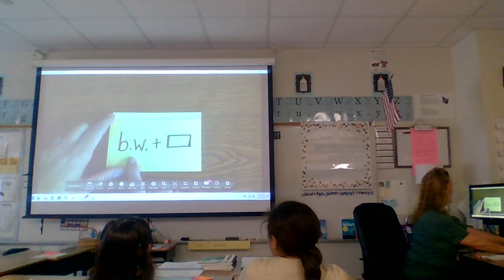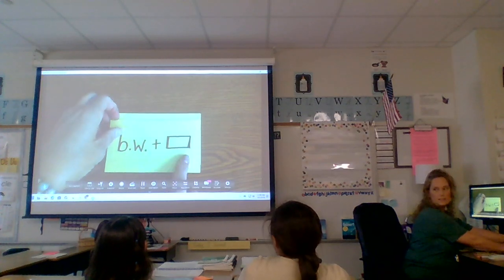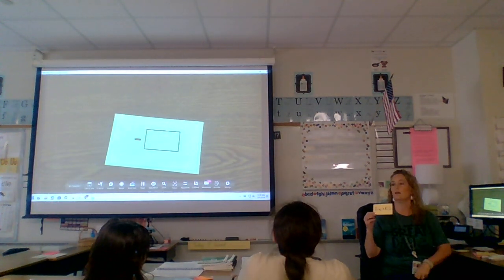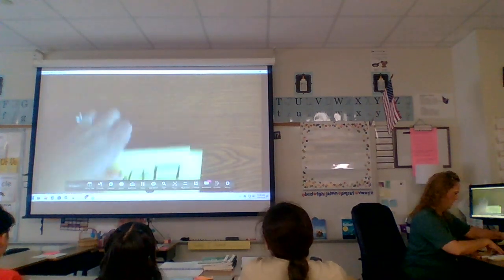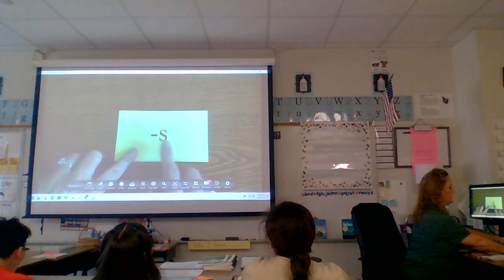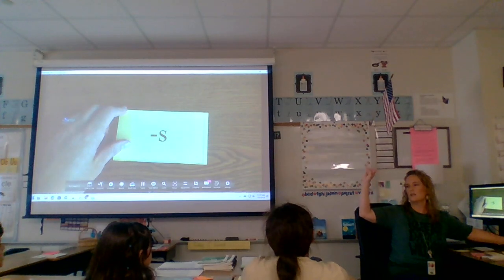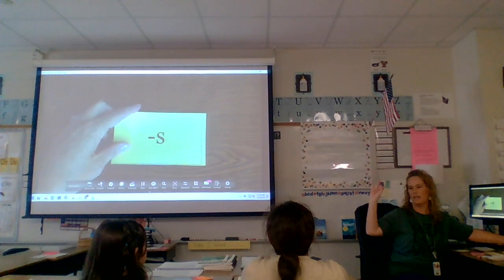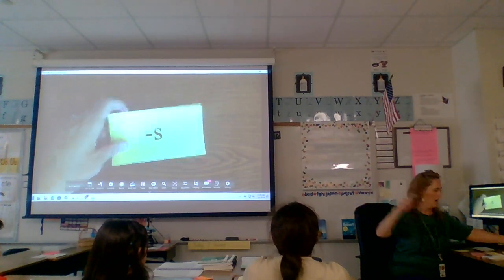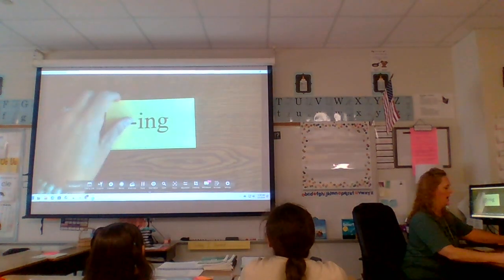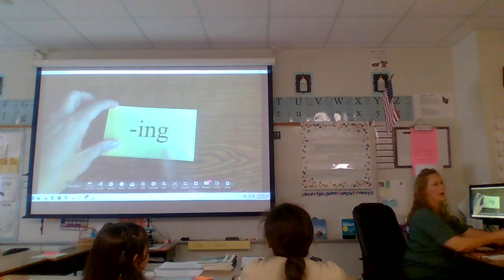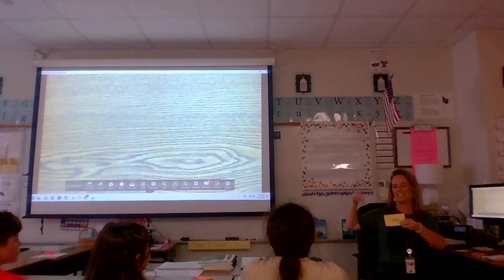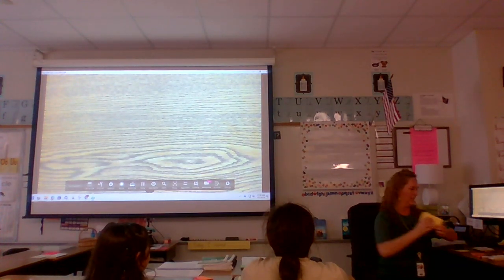A base word plus a suffix is called a derivative. Good. All right. Suffix S, two sounds. Tips, pins, more than one. Suffix ing, happening now, like writing, singing.